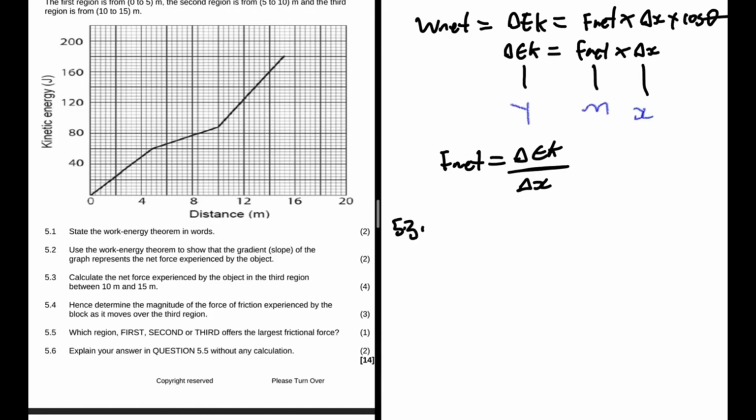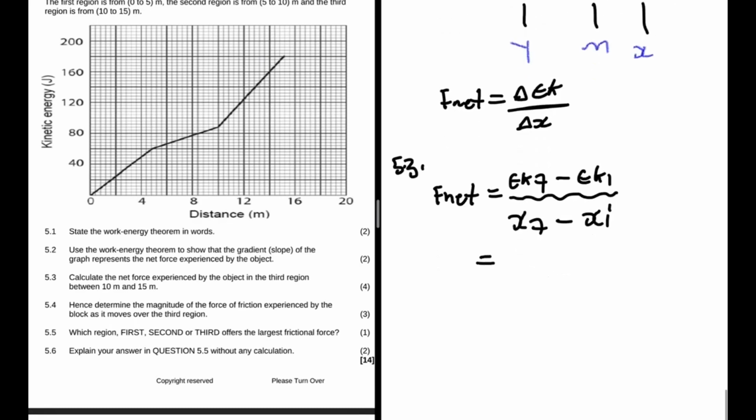5.3 says, calculate the net force experienced by the object in the third region between 10 meters and 15 meters. So F net, we know that we're supposed to find delta EK and delta x, right? So we have F net being equals to EK final minus EK initial divided by x final minus x initial.